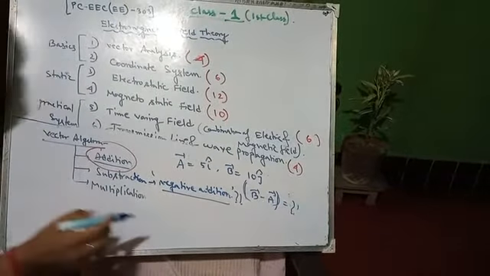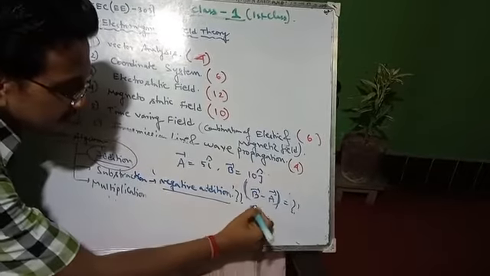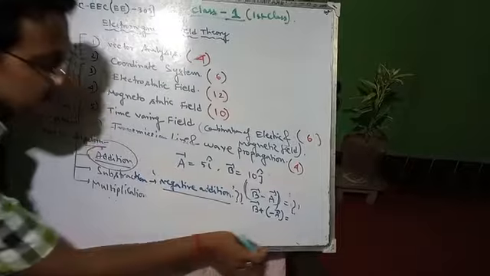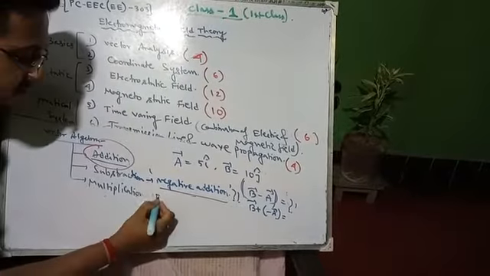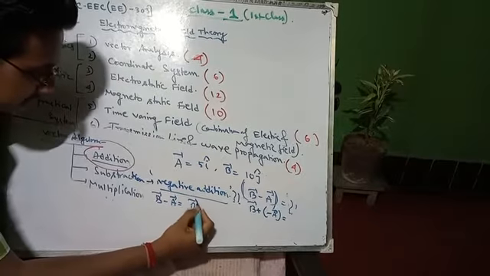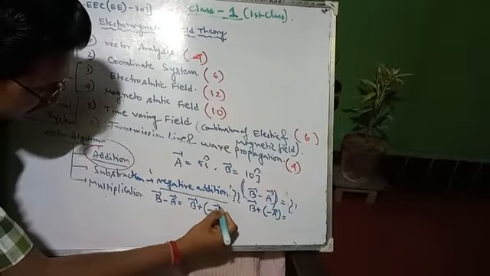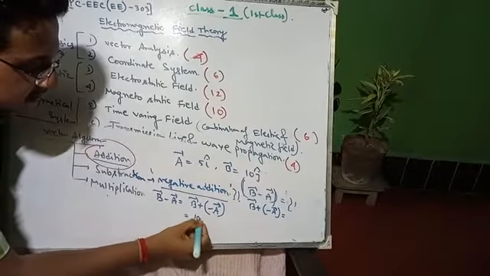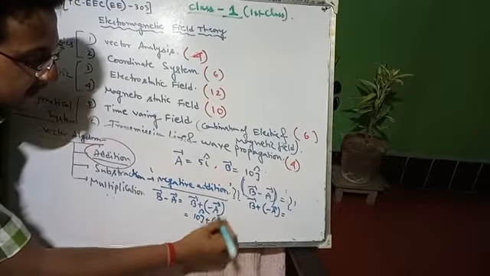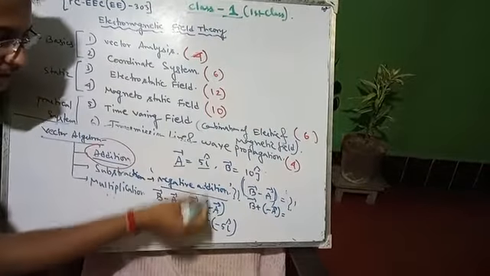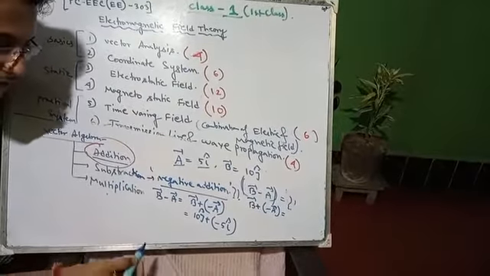Let us consider B vector plus minus A vector. So B vector minus A vector equals B vector plus minus A vector. B vector is 10 j cap, and minus A vector means minus 5 i cap, since A vector is 5 i cap.